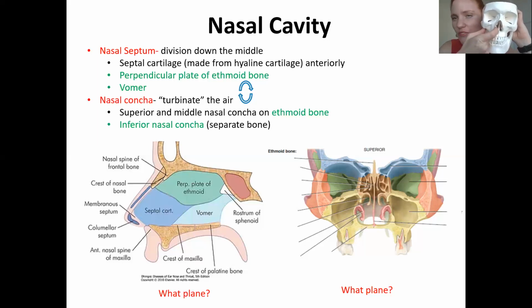We'll talk more about the function of the nasal concha when we get to the respiratory system, but basically it causes the air to turbinate, which just means to mix, to move around, and that's going to help moisturize the air, which makes it easier to breathe. So three nasal conchae: superior and middle nasal concha on the ethmoid bone, and the inferior nasal concha, its own separate bone underneath.